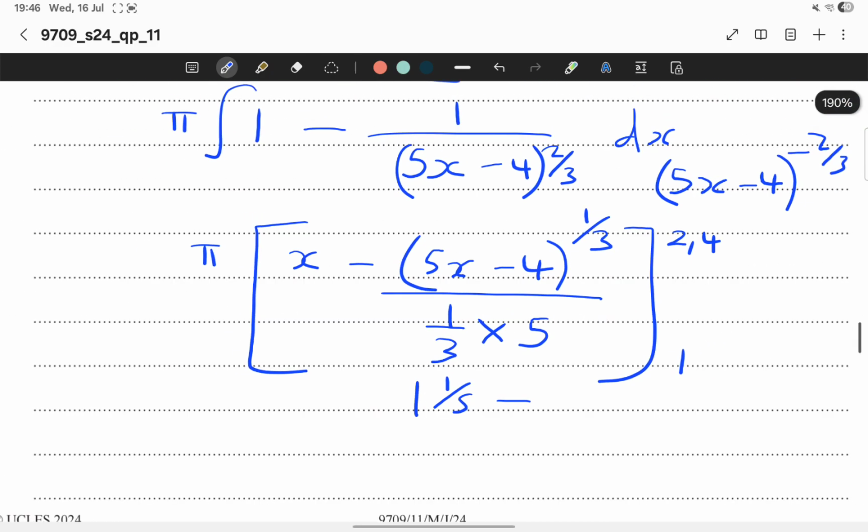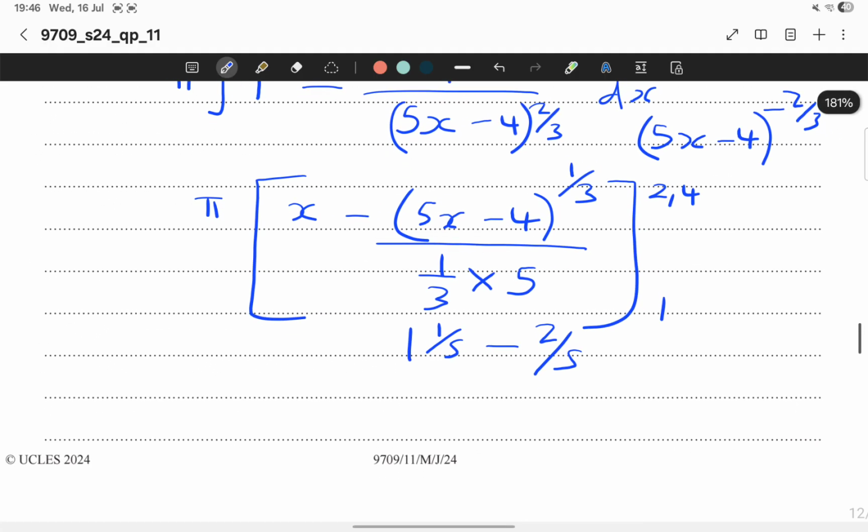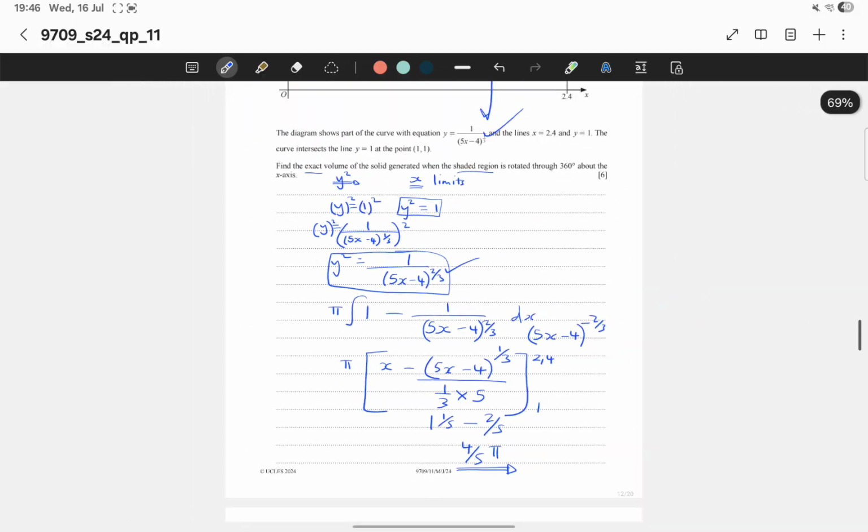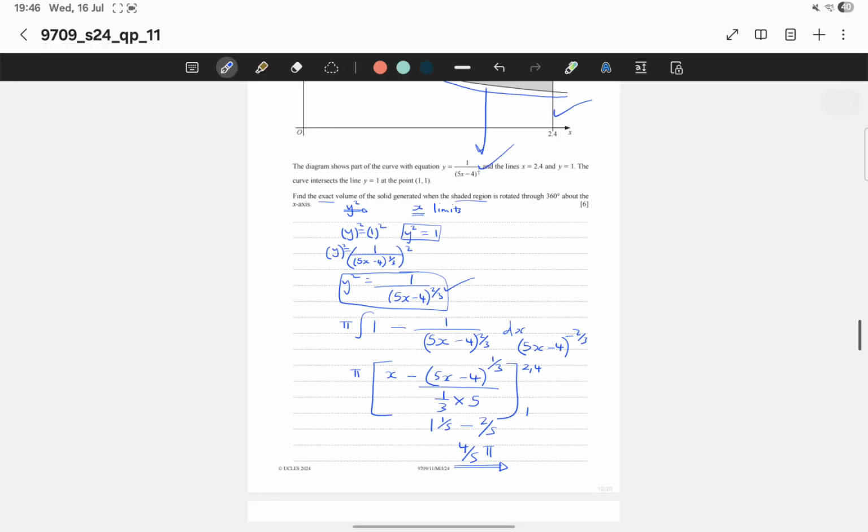Then we subtract the answer after substituting 1: 1 minus (5 minus 4) to the power a third over 1/3 times 5, which gives 2/5. So the final answer is 1 and 1/5 minus 2/5, which is 4/5 pi for volume. That's the volume generated when the shaded region is rotated through 360 degrees.